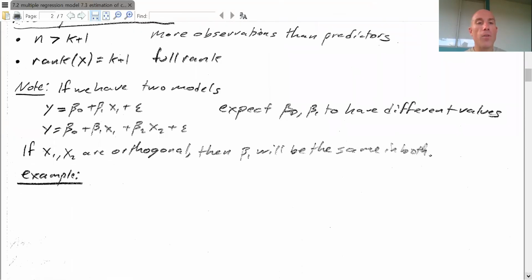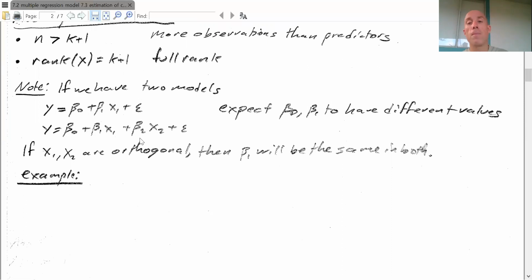All right, so something that we need to be mindful of whenever we build models. Let's say I build 2 models using R or SAS or something like that. I build this model, beta 0, beta 1, x1, and I fit the model. Then I fit another model where it's beta 0, beta 1, x1, and now I throw in beta 2 times x2.